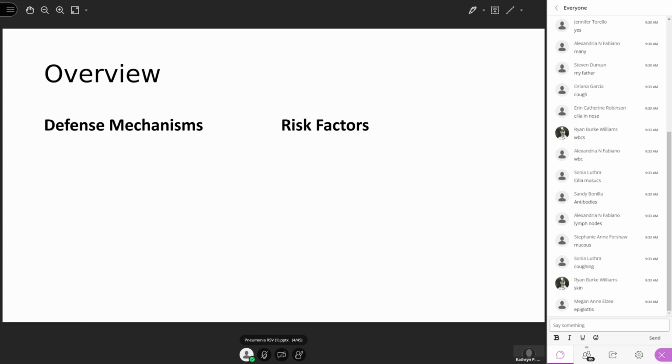What about some of the risk factors for those of you that have taken care of patients with pneumonia? What are some of the pre-existing conditions or other risk factors that may put your patient at risk? So we've got smoking, vaping, aspirating, which you know from last semester, absolutely. Immobility, excellent.